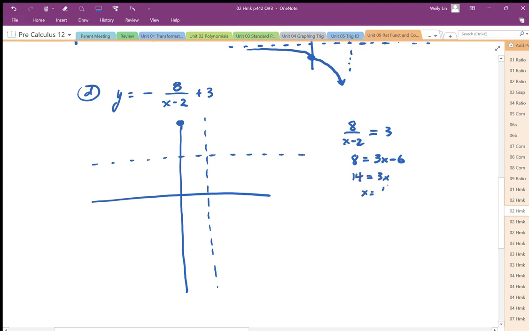X is equal to 14 over 3. That's about 4.7 or so. So somewhere around here we know it's going to cross the x-axis. So we follow the asymptotes through the coordinate. Again, follow the asymptote through the coordinate that we know, and we end up with the graph that looks like this.